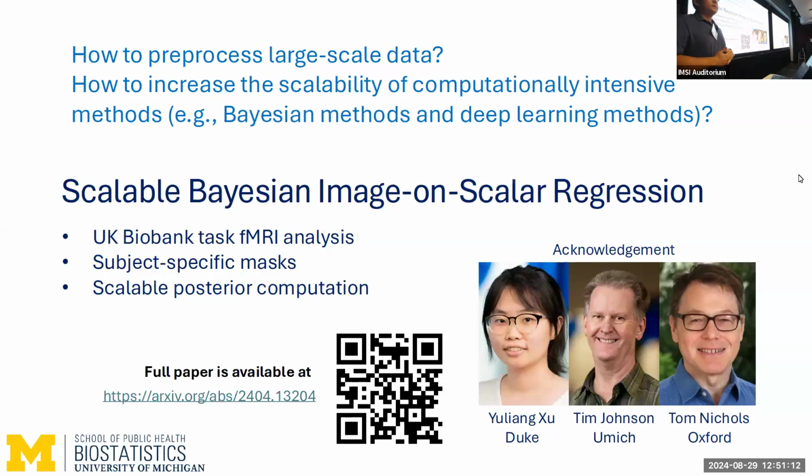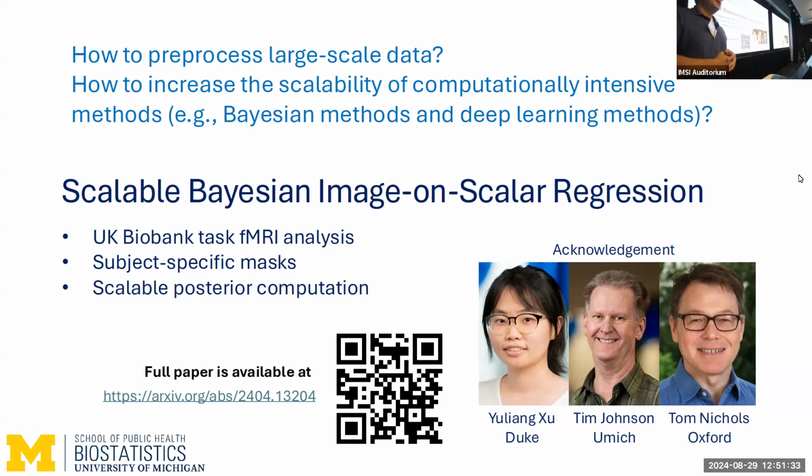The key point here is that we want to integrate the subject-specific mask, which is quite unique for large population studies. And also, can we develop scalable posterior computation to do better inference and compare with a simple method like massive univariate analysis?